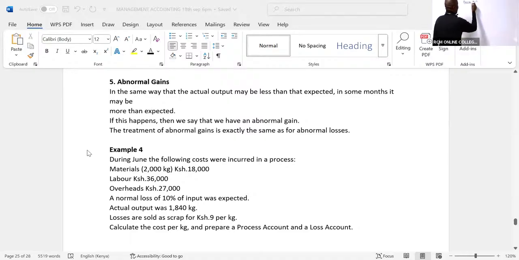We have description, units, cost per unit, value.